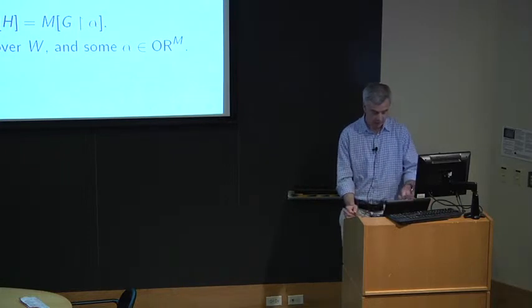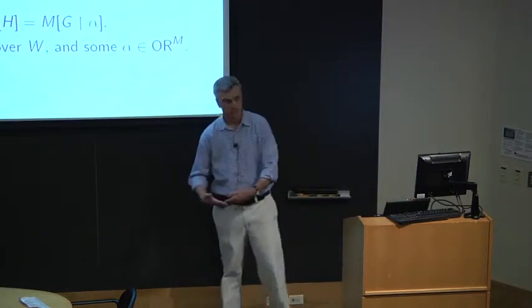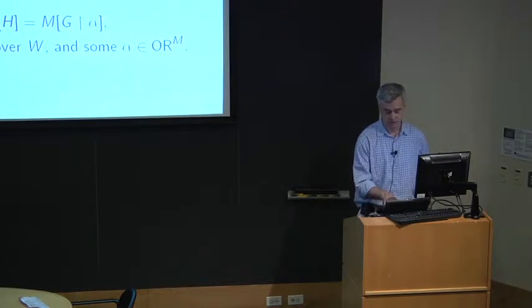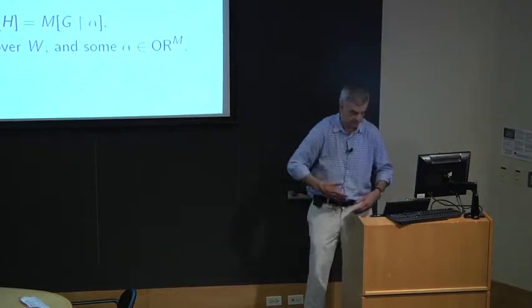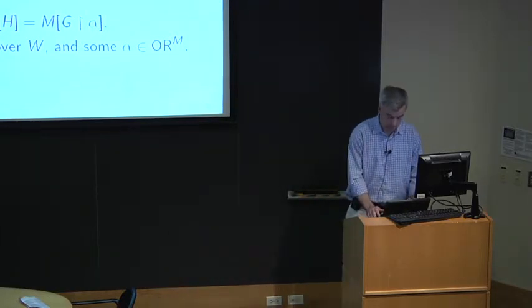That is, we collapse every ordinal of the ground model M to be countable, and then look at all the generic extensions by set-sized initial segments of that G, and then all the worlds that they come from. Let me not dwell on the technical way. That's the natural model. So there is a natural model.